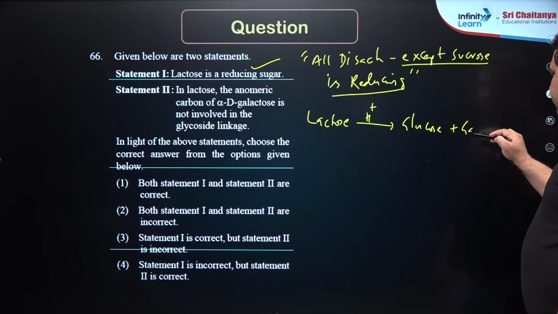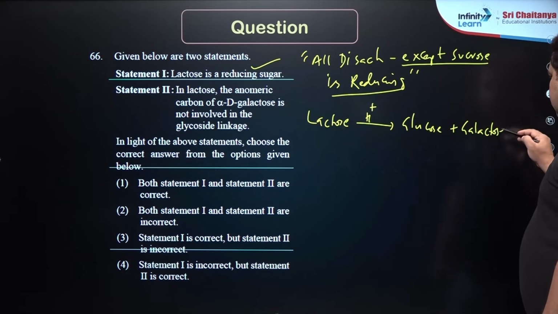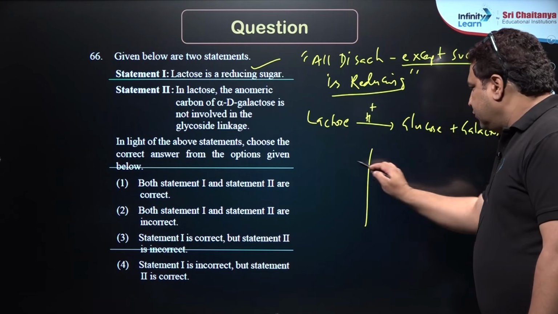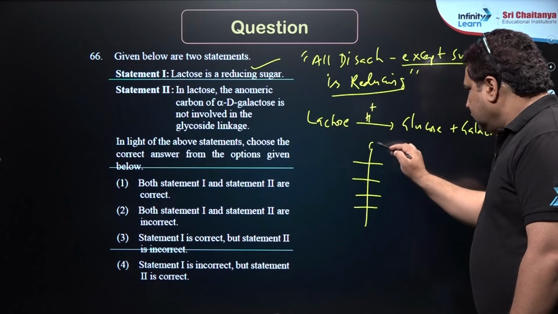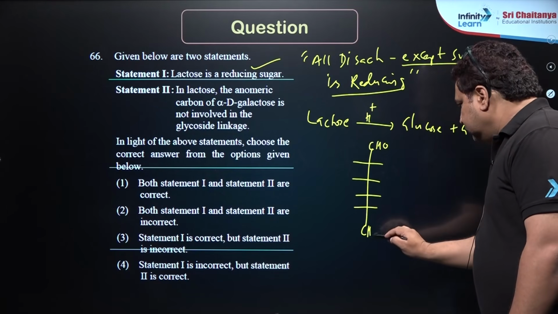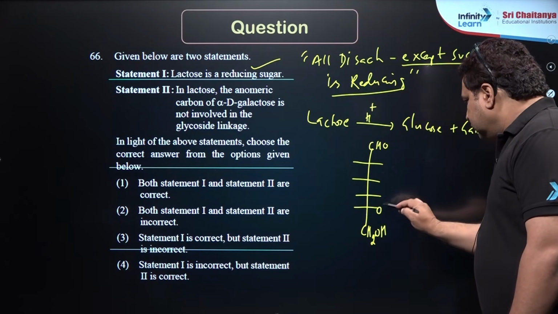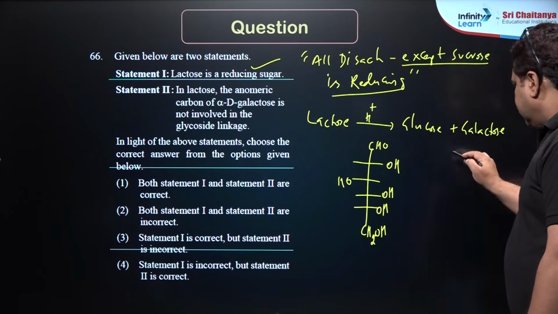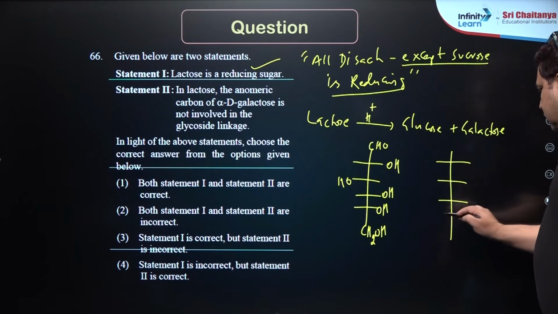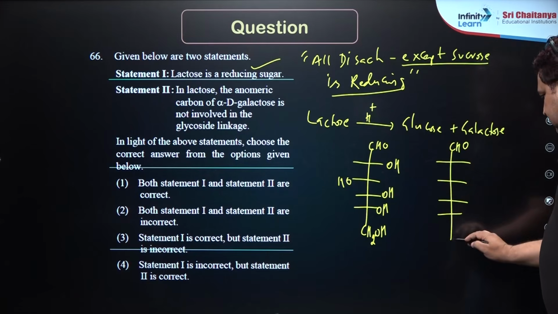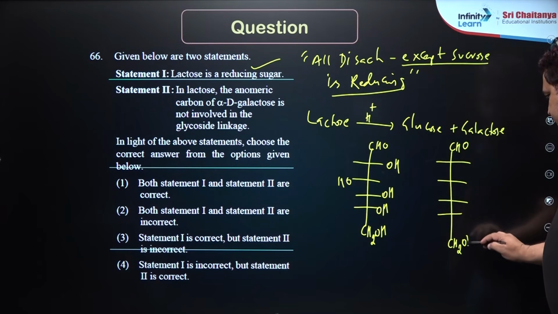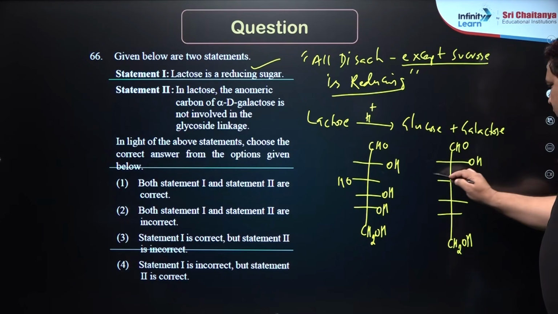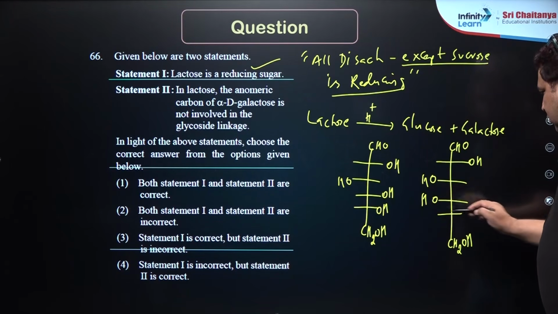Glucose plus galactose. Glucose, if you see, this is glucose. If you draw galactose, one, two, three, and 4 here.